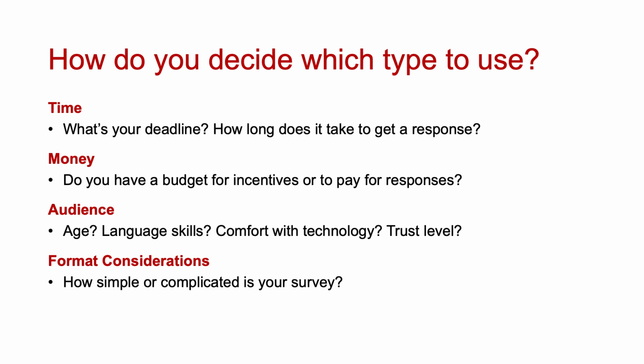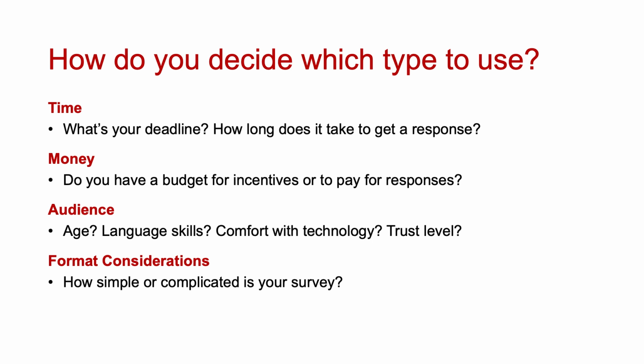If you don't, then reaching out to strangers might not be very successful. If you're reaching out to an internal audience, again, like 4-H families, you might not need incentives. What is your audience? What is their general age, language skills, technology comforts, their trust level with you? Do they know you? Do they not know you?